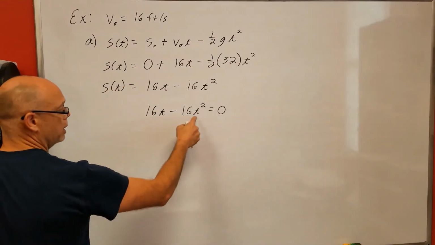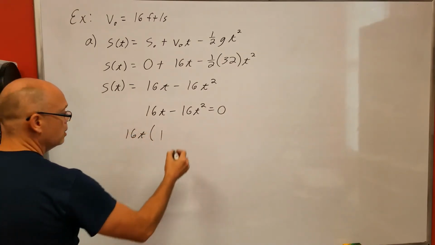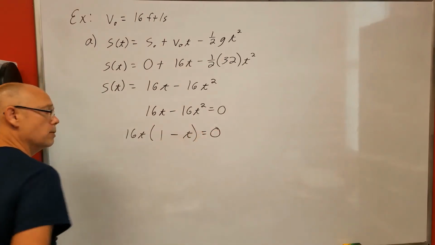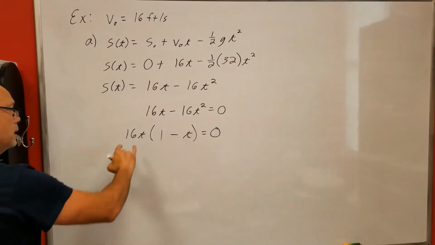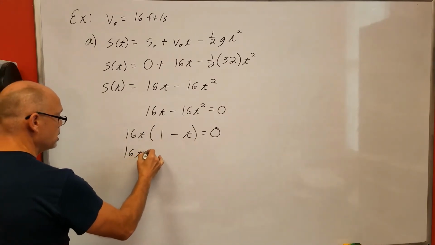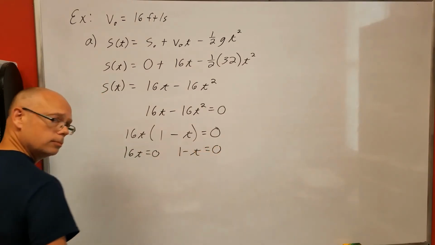I can factor a 16t out of each term, and I'm left with 1 minus t equals 0. Take each factor and set it equal to 0: 16t equals 0, and 1 minus t equals 0.